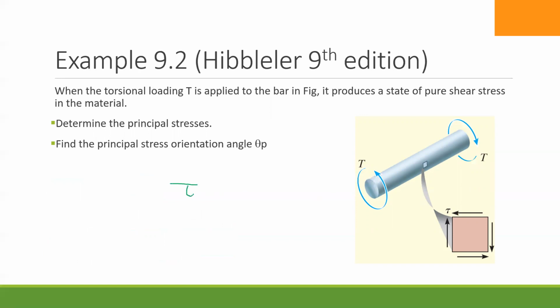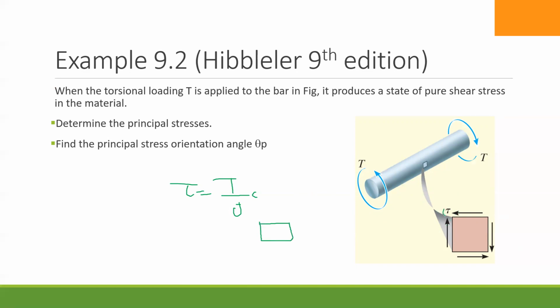You maybe remember that tau is equal to T times c divided by J. In this case, no normal stress occurs in this system, just shear stress. So if I take any part of the system, we have an infinitely small element.